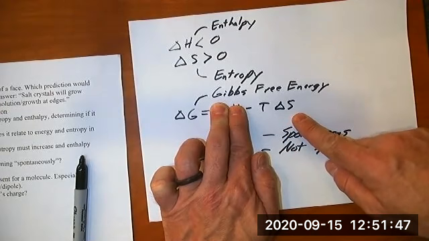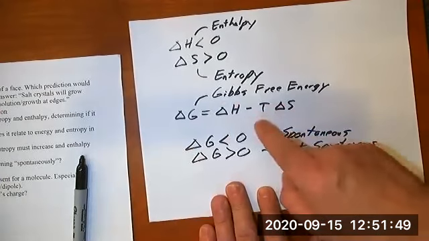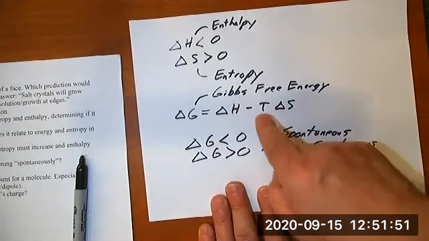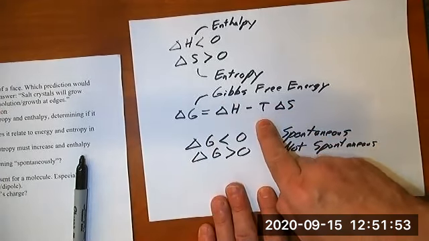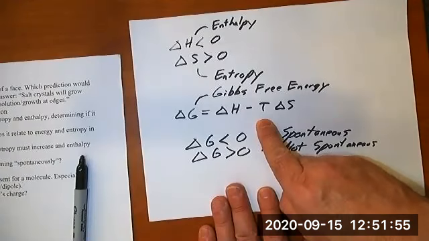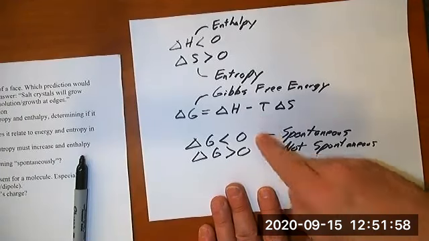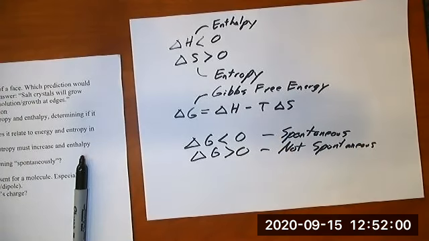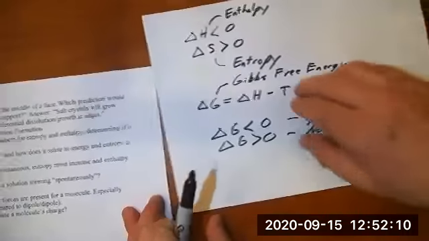So if delta H and delta S point in different directions, this equation here tells you at what temperature it switches from being spontaneous to being non-spontaneous. Okay. Now, I know we have not gone into this. So if you ever, before we cover this, run into this kind of question again on Newton, this is how you do it.